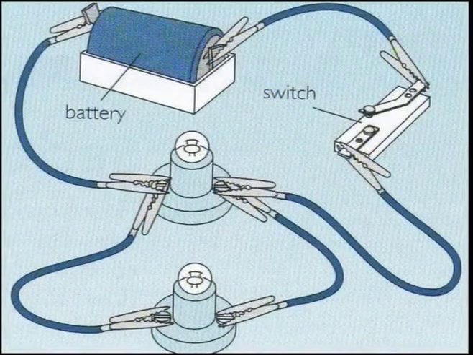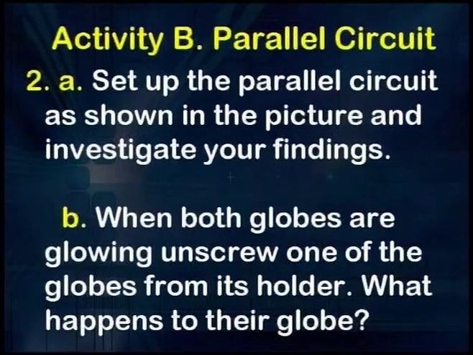For those who are working with the parallel circuit, question B says, when both globes are glowing, unscrew one of the globes from its holder. Now you can unscrew it when both are glowing. What happens to the other globe?